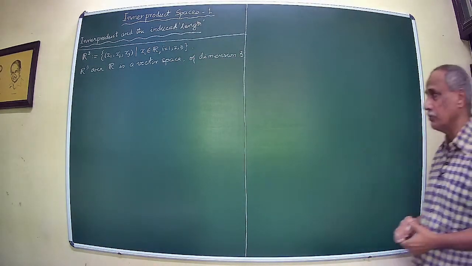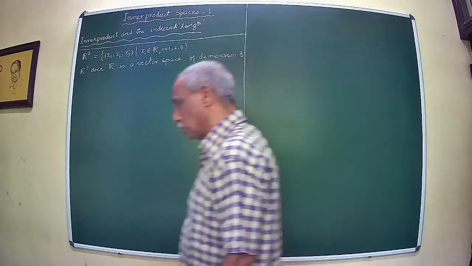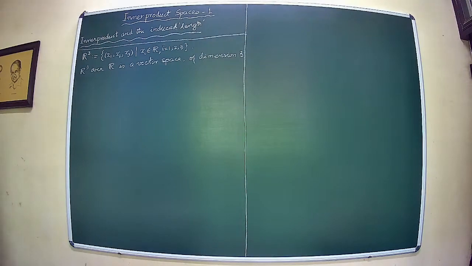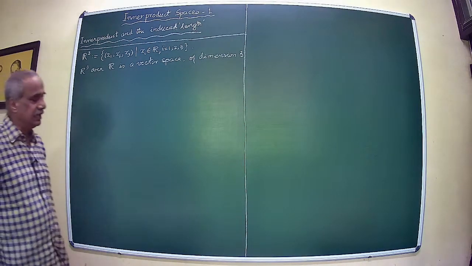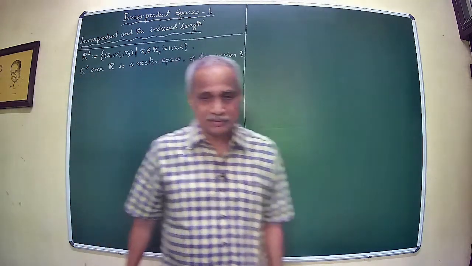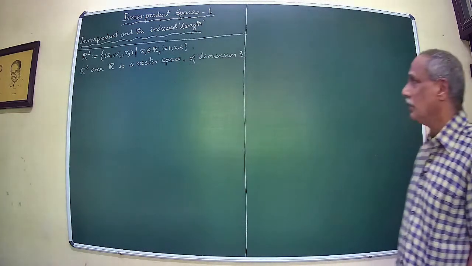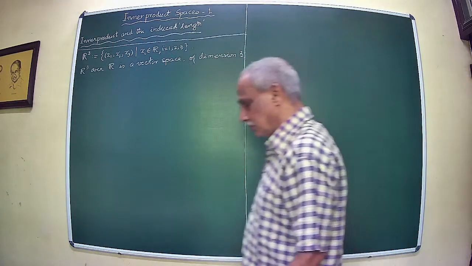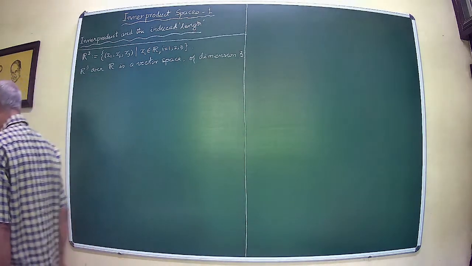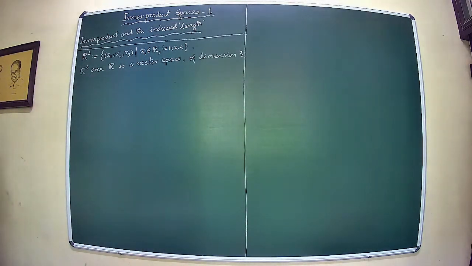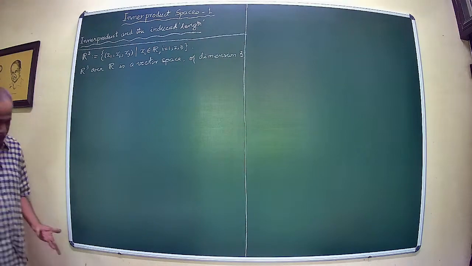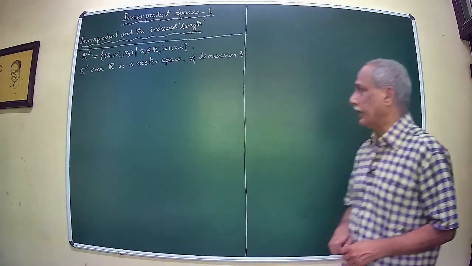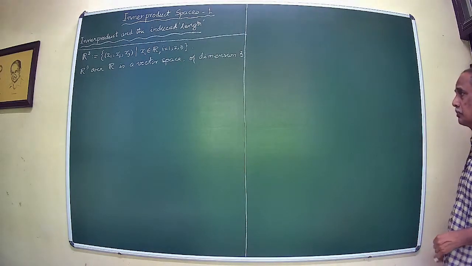For instance, if you were to choose Q as the field, then you see that it is still a vector space over Q, but now the dimension becomes infinite. So this we have discussed earlier in our lectures on linear spaces. So that is significant.